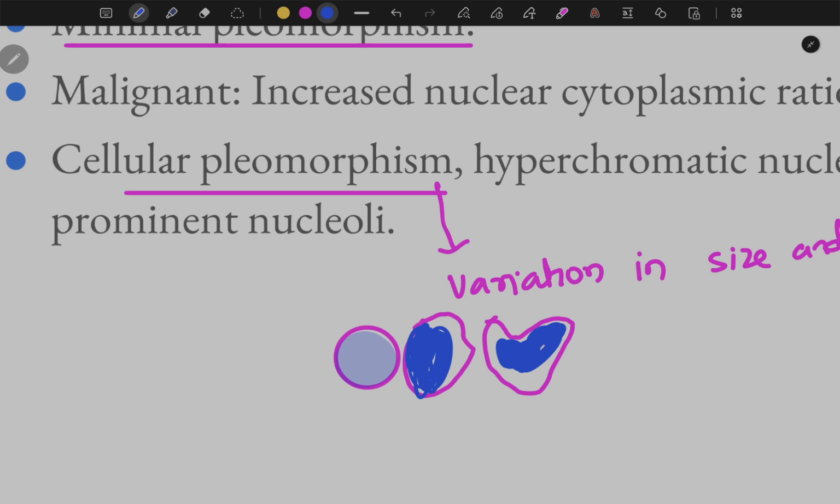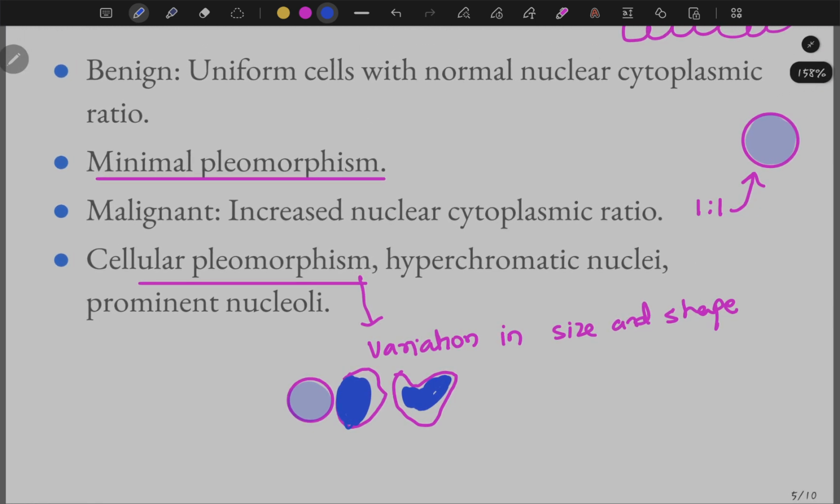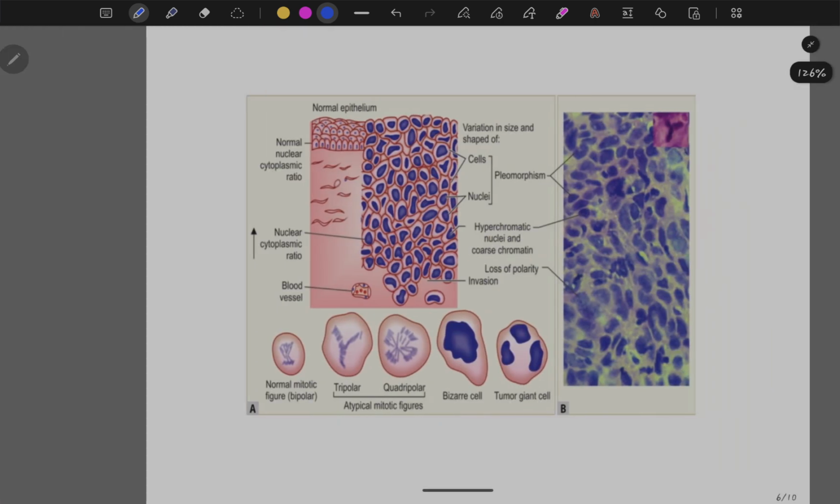There can be variation in size and shape between two cells of the same tumor, and they can have prominent nucleoli.